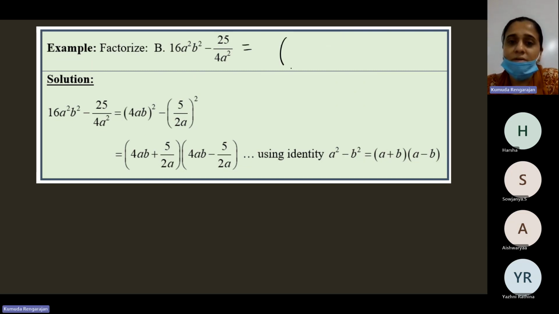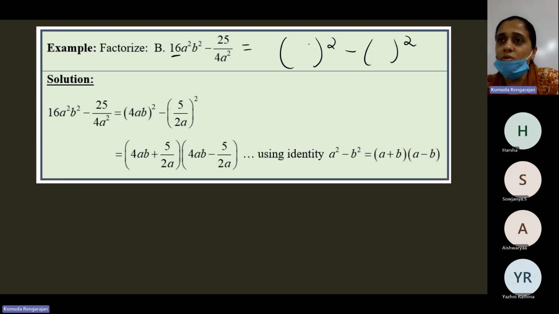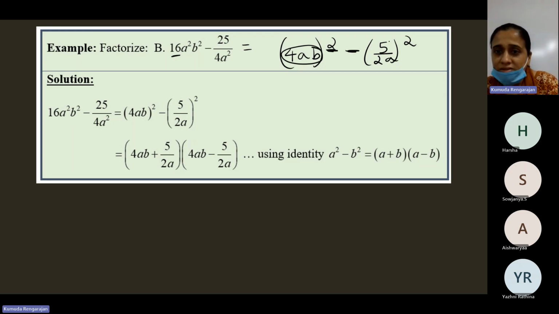So what is this? Something the whole square minus something the whole square, right? So 16 is what? Surya? 4. Because 4 into 4 is 16. A square will be A. B square, B. Then this 25, 5 by 4, 2. So see, this is A square minus this is B square.